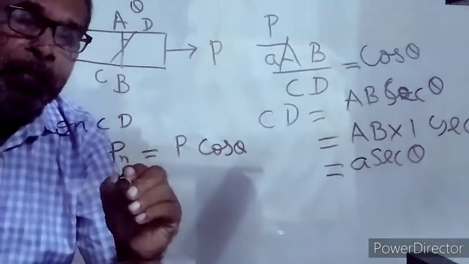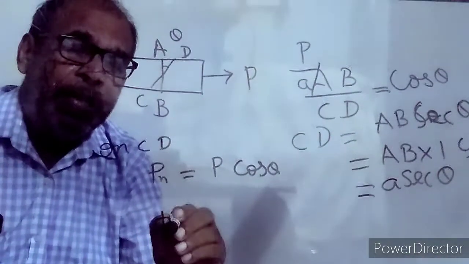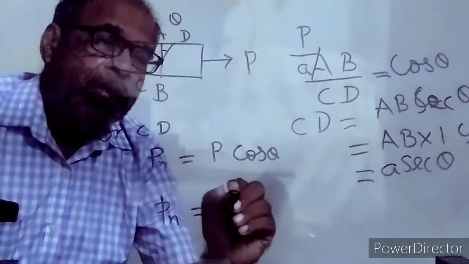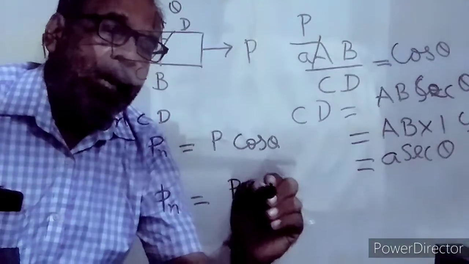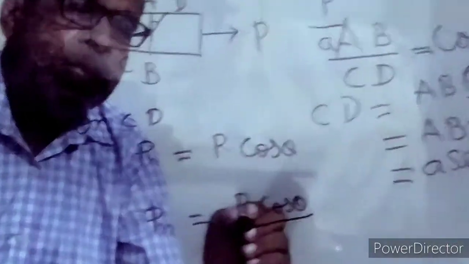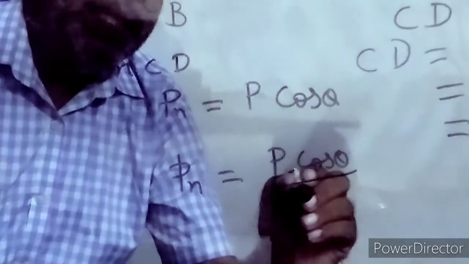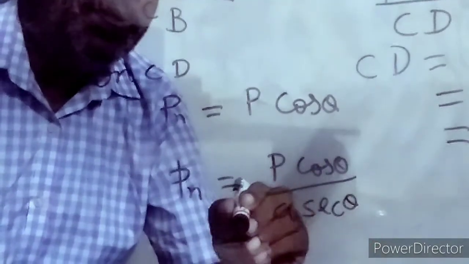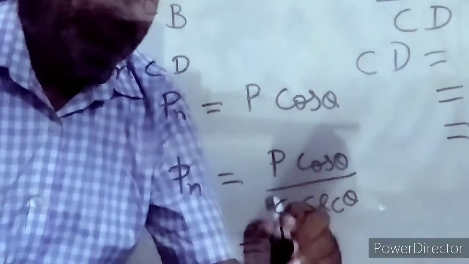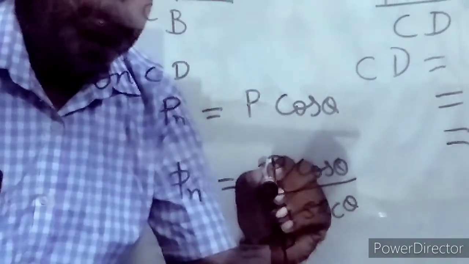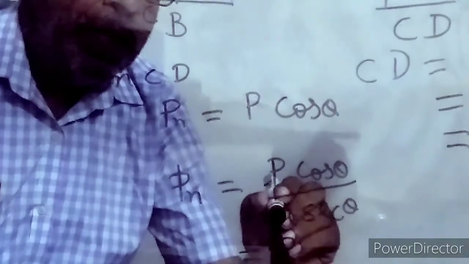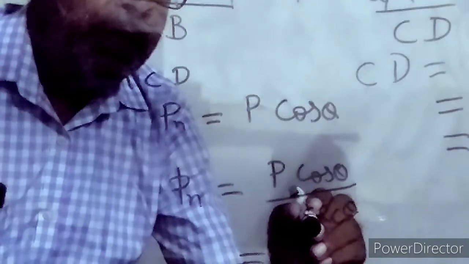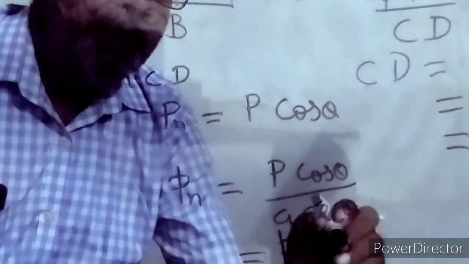The normal stress, sigma n, equals P cos theta by A secant theta, which is equal to P by A cos square theta.